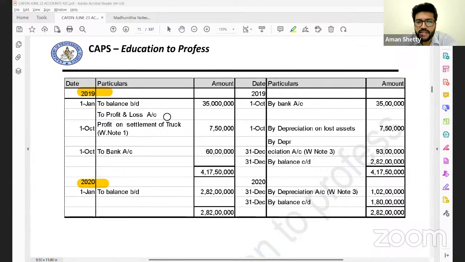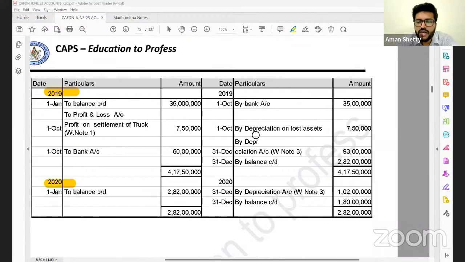Next, by bank account 35 lakh, that is insurance amount. Next, depreciation on the lost asset, it is 7,50,000. Here write down working note number 1. Yes, write down in your books. I hope you guys have the printout. Always keep it, okay? Otherwise, in your notebook, you make a note of it. Here you have to write down working note number 1.